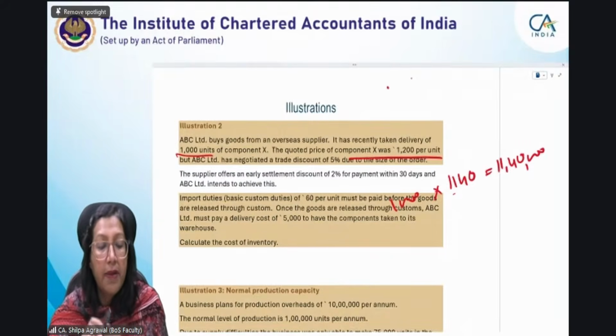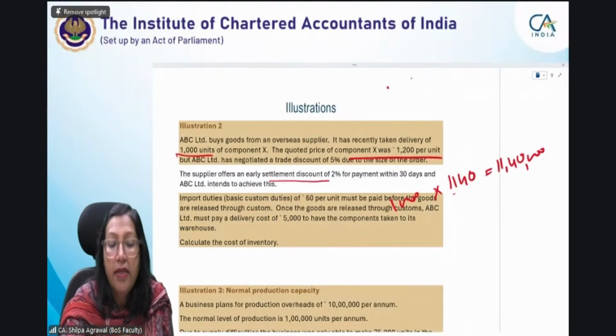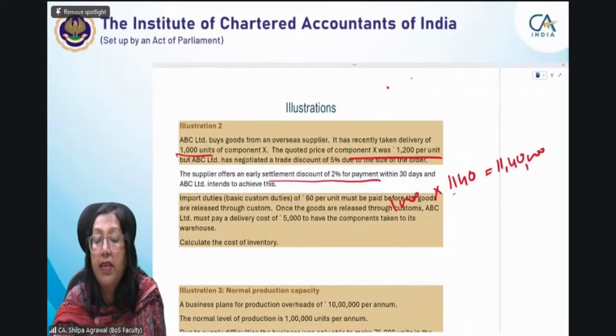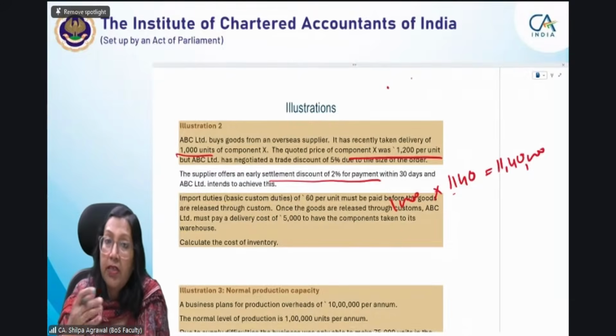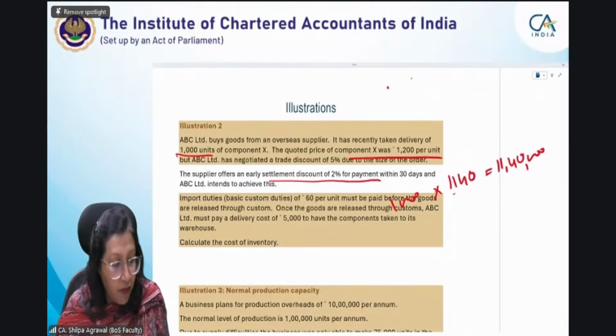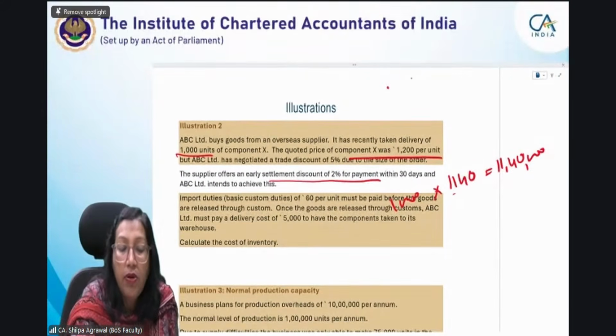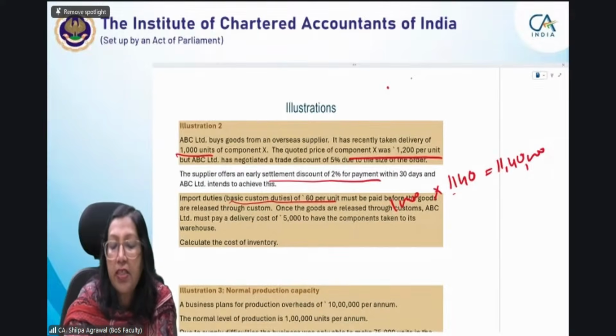After that, the supplier offers an early settlement discount of 2% for payment within 30 days. Again, as I already mentioned, this is your cash discount or settlement discount, which is for recovering the payment, not for selling the product. So that won't form part of it. However, import duties, basic customs duties of 60 per unit must be paid.